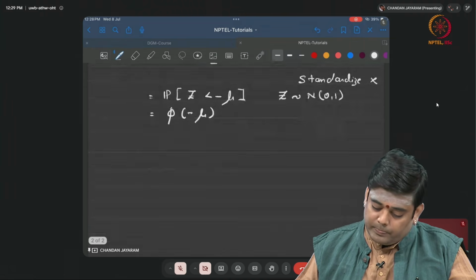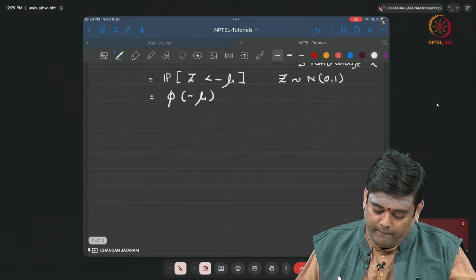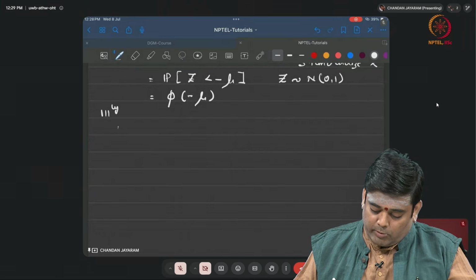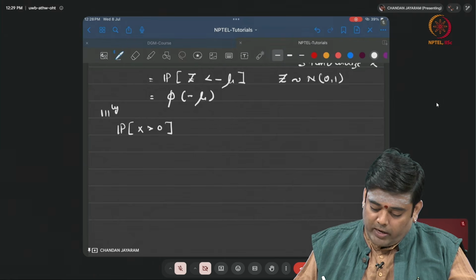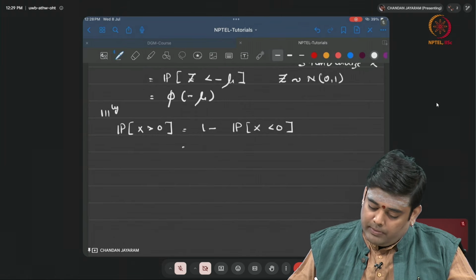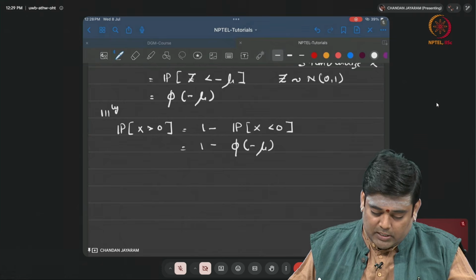Similarly, the probability of x greater than 0 is 1 minus the probability of x less than 0, which is 1 minus phi of minus mu, which is phi of mu.